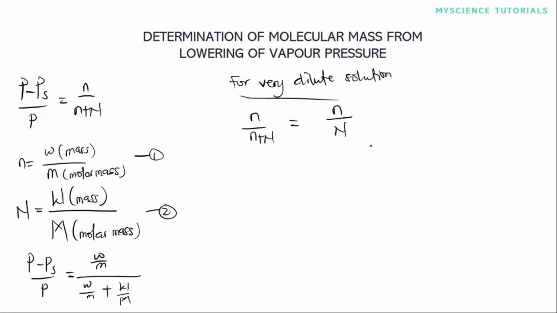So if the question is asking you to find the molar mass for a very dilute solution, we need to replace this part of the formula by small n over capital N.